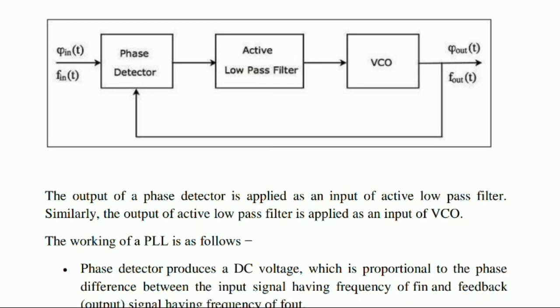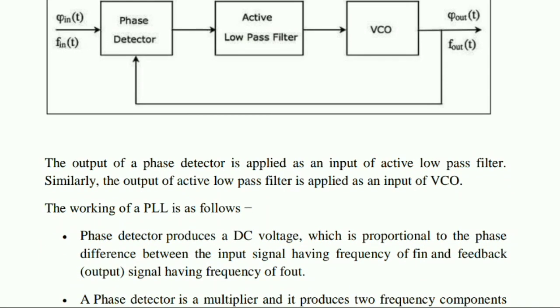The difference between the phases of the input gives some voltage, and that voltage controls the oscillations of this VCO. This VCO generates some oscillations. The frequency of the oscillations depends on the phase error.